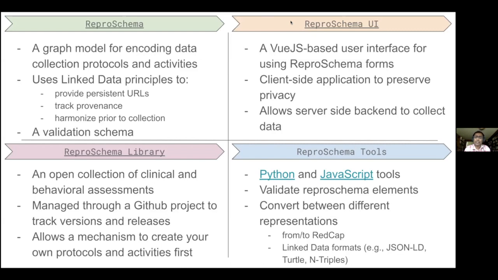None of the data that's collected by it leaves your client or your computer without permission. And in fact, the permission has to be two-way. It has to be both you providing permission as well as the server that could receive this data accepting the data you're sending it. But it does allow a server-side backend to collect data.